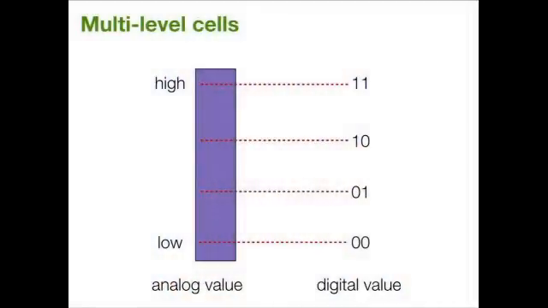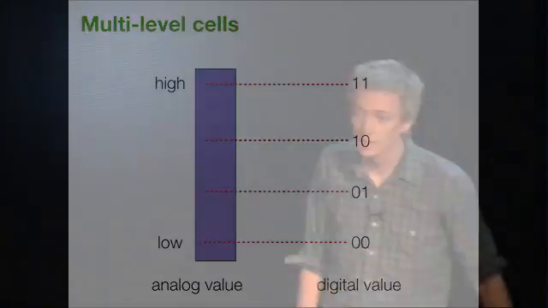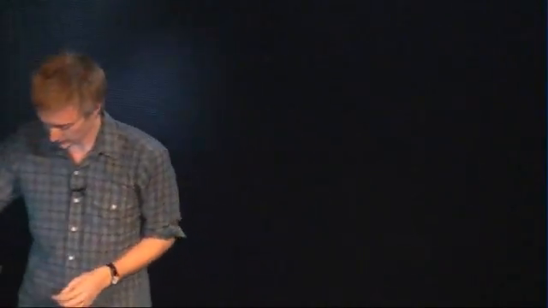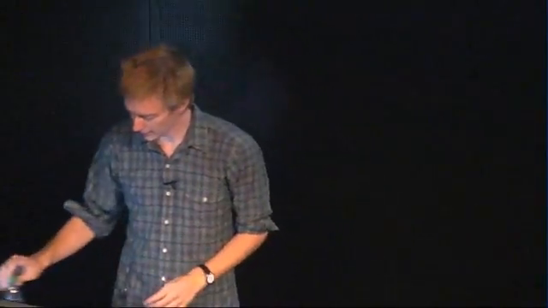And a multi-level cell, as you might expect, has lots of different levels. Here's a 2-bit multi-level cell, or a 4-level cell, that has 4 different analog values that correspond to digital values for the rest of the system.